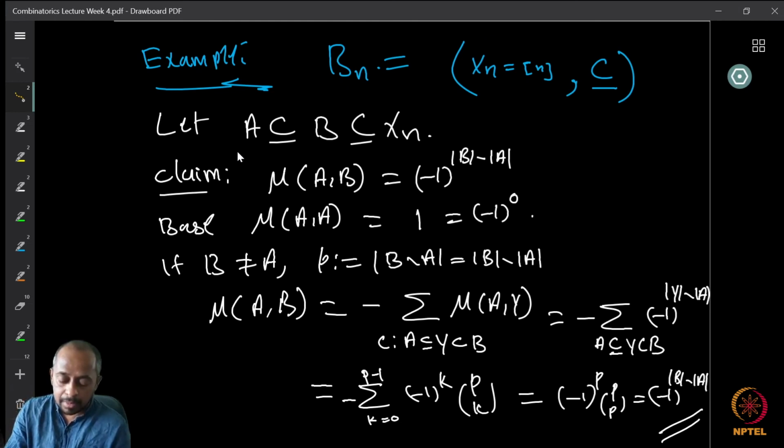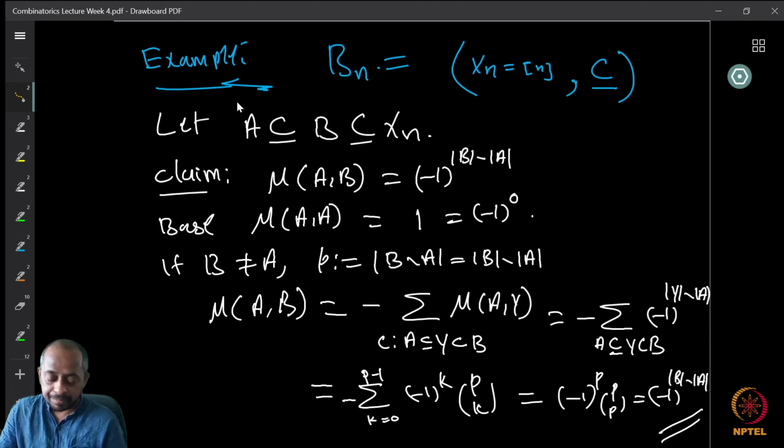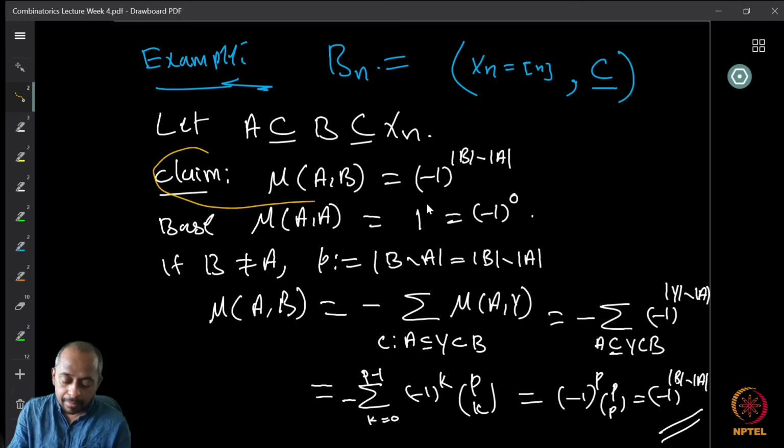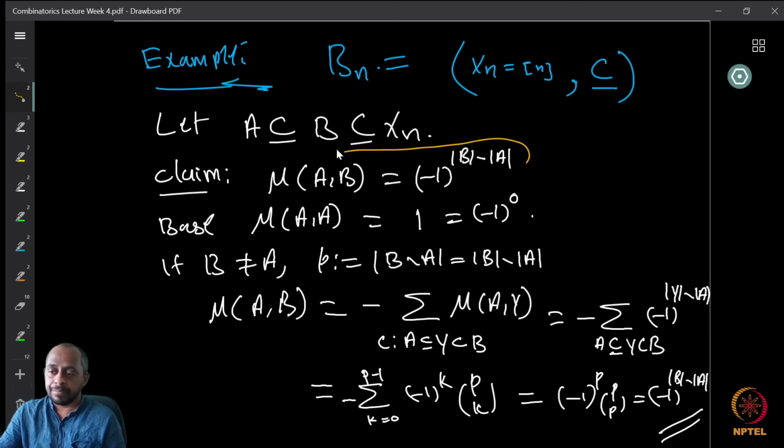So consider two sets A and B such that A is a subset of B. Okay, this is also important. Now our claim is that mu of A, B is equal to minus 1 to the power cardinality of B minus cardinality of A. Okay. So we want to find out mu, but we just start with this claim.